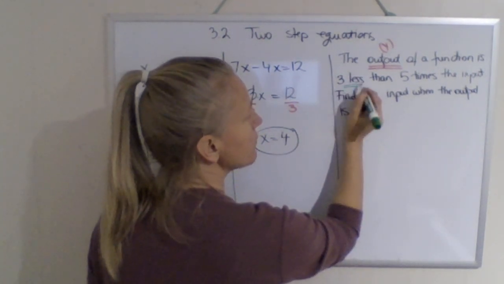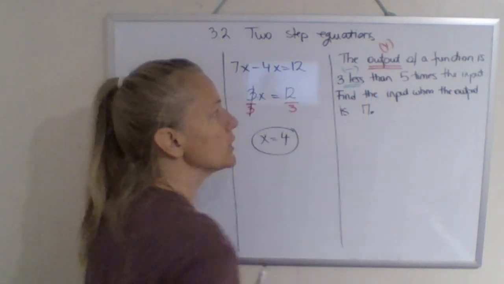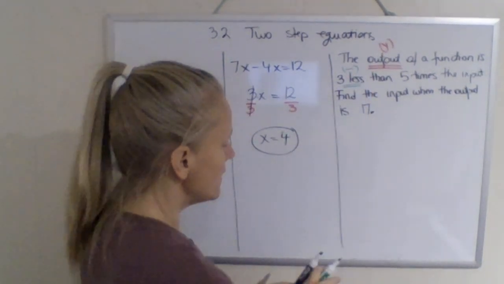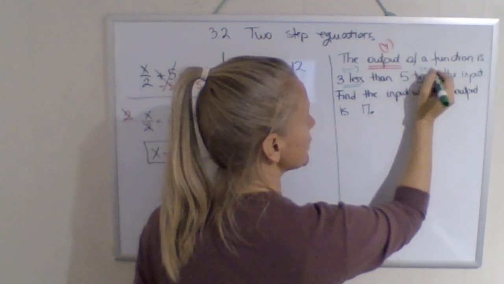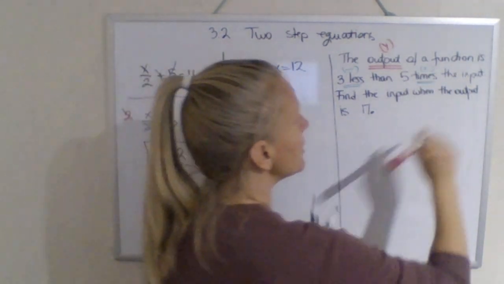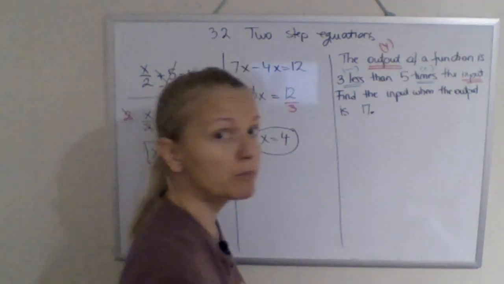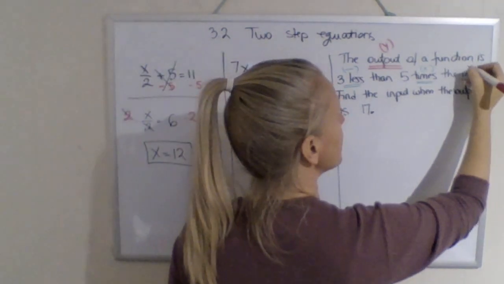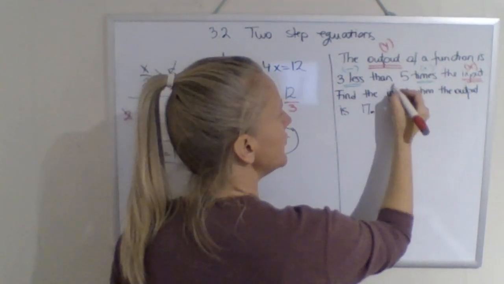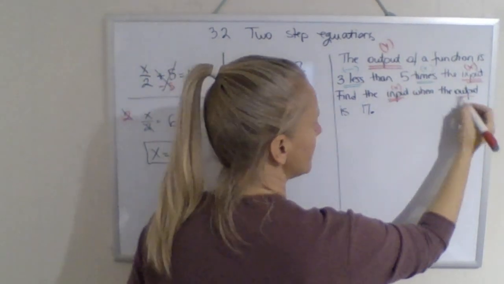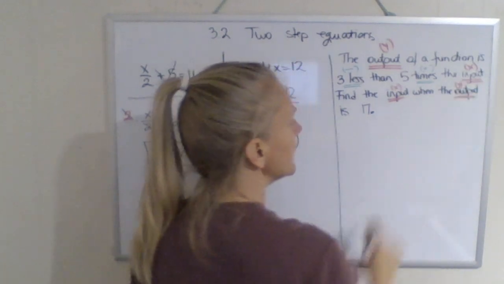I'm going to use green for this one and tell you that means subtraction. 3 less means subtraction. Then 5 times, that means multiplication, right? And the input we learned in chapter 1, that is x. Find the input, or find x, when the output, or y, is 17.